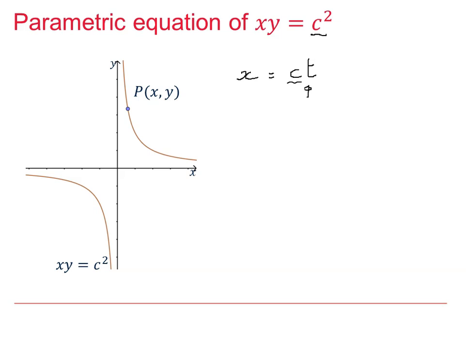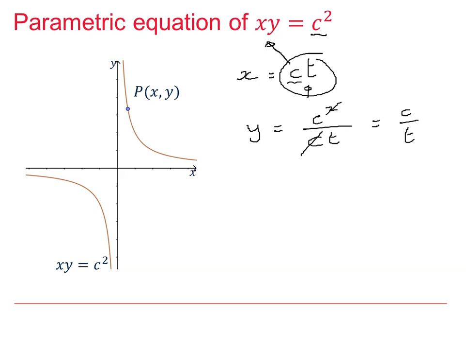So I can, by substitution, take ct and substitute into this equation here. So you can see that y is going to be c squared over x. So therefore y will be equal to c squared divided by ct. So one of those c's is going to cancel, top and bottom of the fraction, giving you that y is equal to c over t.